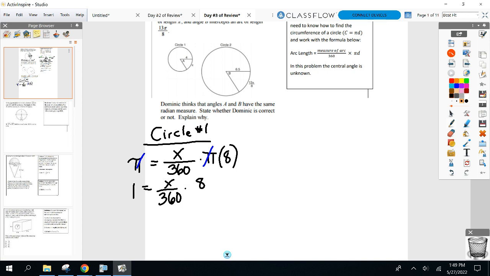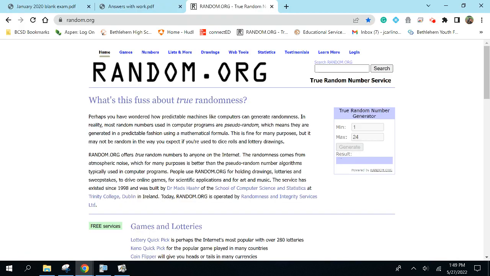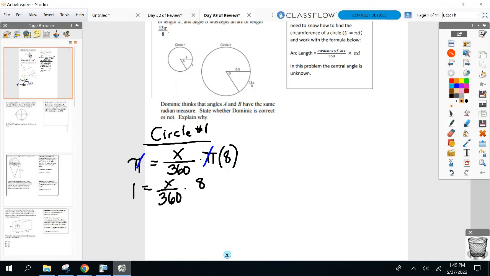Figure out what angle A is. When you have it, let me know. Yep, 45 degrees. So now let's see if he's right.